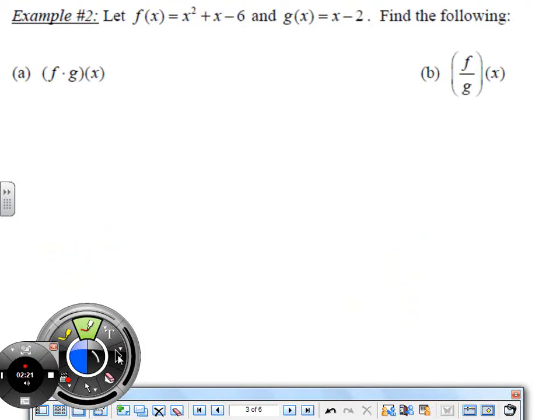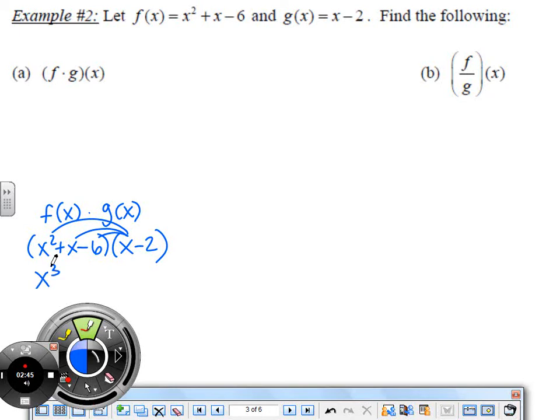All right, the next two are multiplication and division. For multiplication, we would take f of x and multiply it times g of x. So we're going to take x squared plus x minus 6 and multiply it times x minus 2. Don't forget that you have to distribute the x to every term and then the 2 to every term.